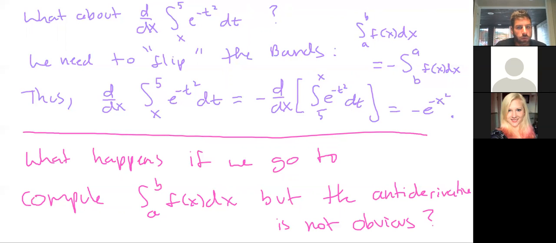What we want to do is talk about that. Much of what you're going to learn in Calc 2 is about that exact challenge. But we want to talk about one of the first things you can do.